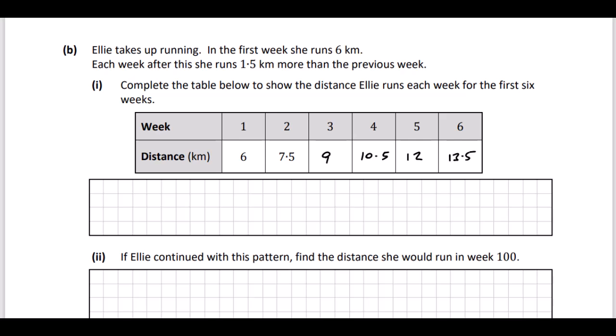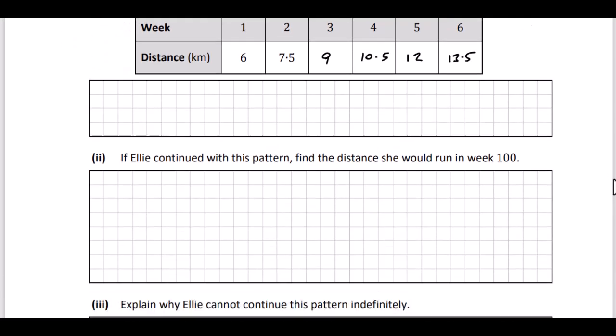So that's part 1. If Ellie continues with this pattern, find the distance she would run in week 100. This is a linear pattern. What's happening here is we've got 6, 7.5, 9, 10.5 and so on. Our common difference is plus 1.5, plus 1.5, plus 1.5.